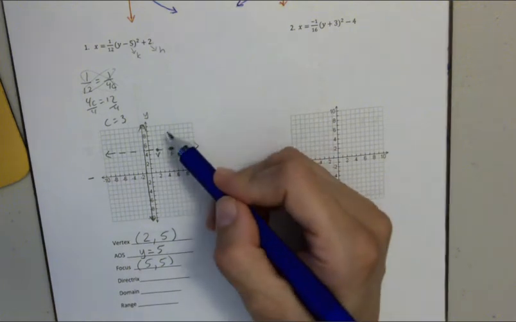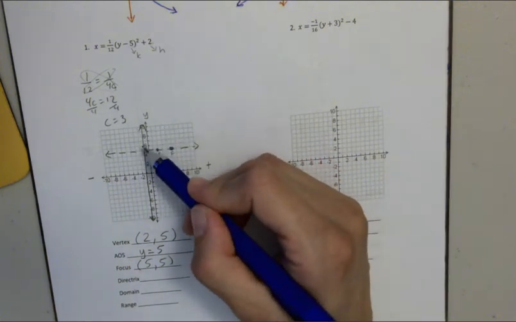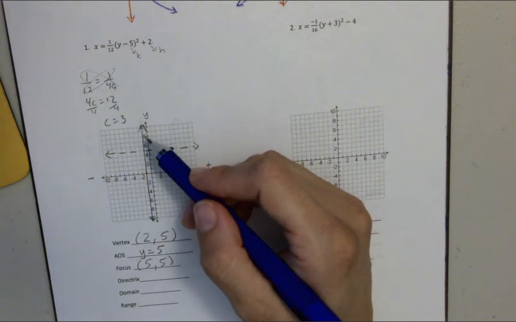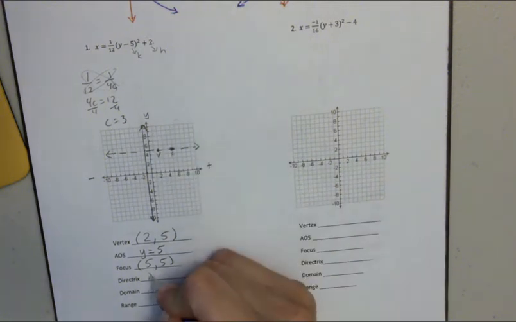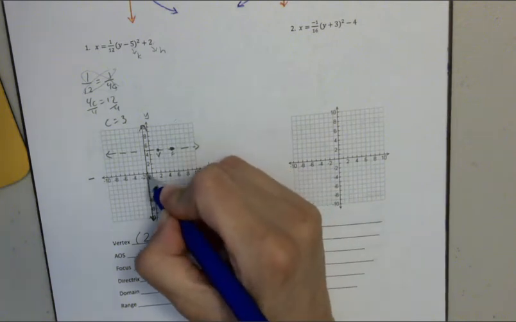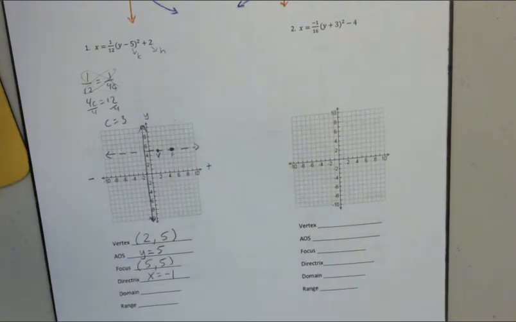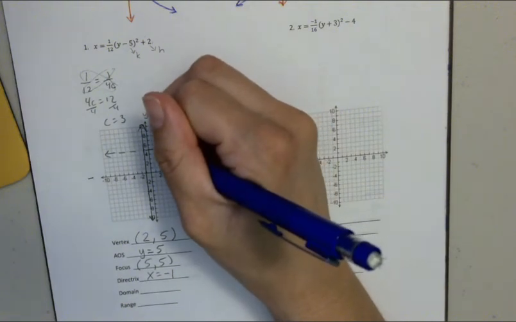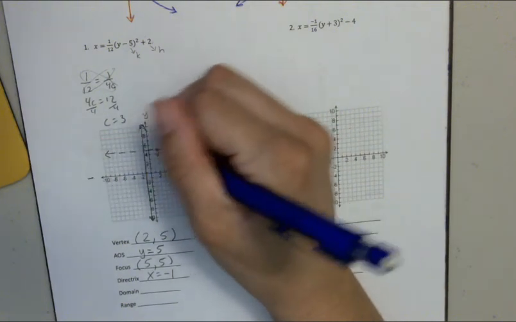So since it's a vertical line, we need to write the equation of this line. So the equation of this line would be x equals -1, because it's cutting through at -1. Remember, we could have also done it mathematically. If here you're on the vertex, we're moving along the x-axis.